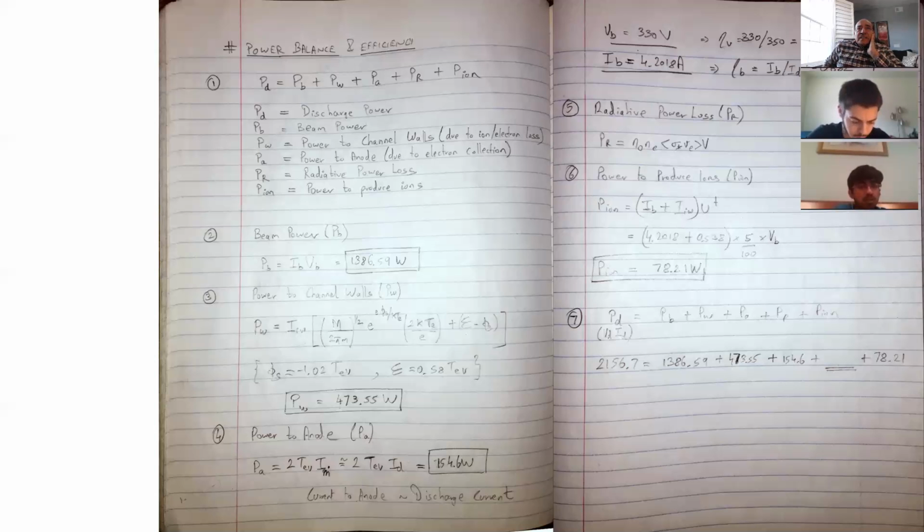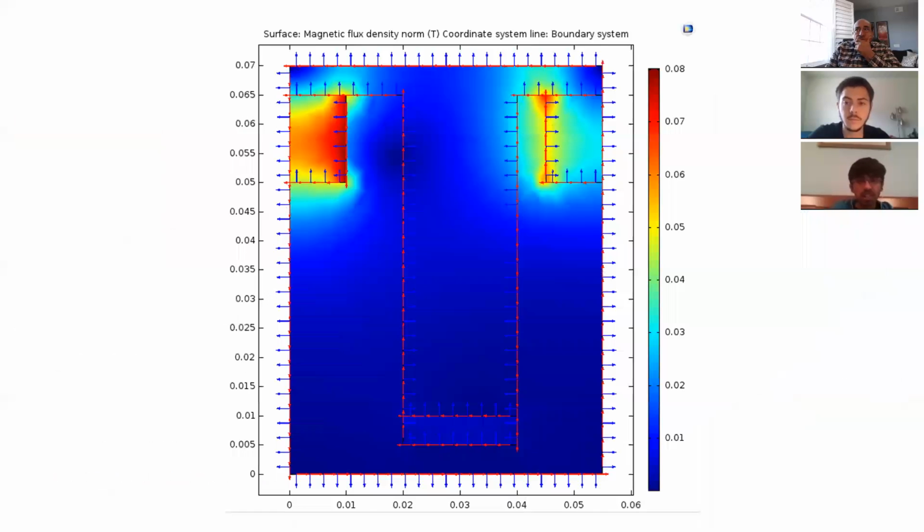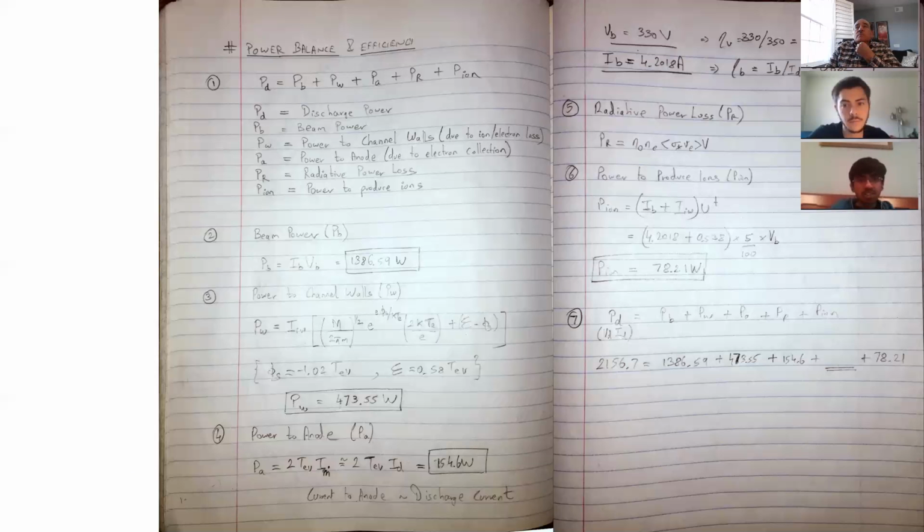Right. And what happens if you go to higher power Hall thrusters, how do they cool it? That's what we are facing here. Okay. So from here, there's one COMSOL model that I did, but I'm not yet fully done, so I need to work further on that.